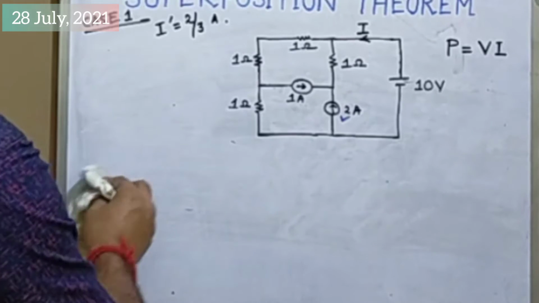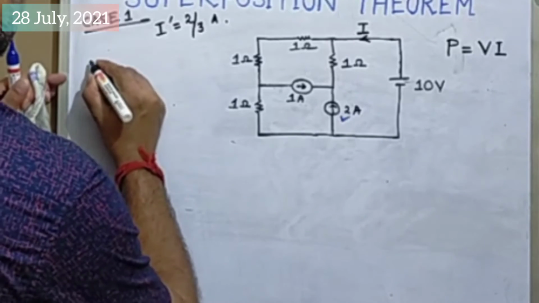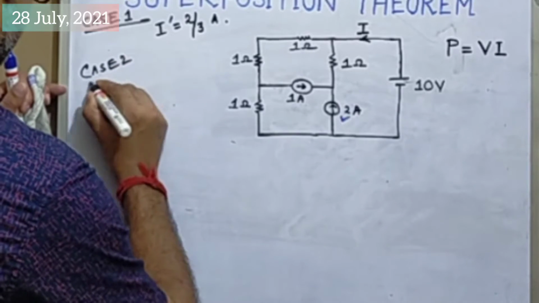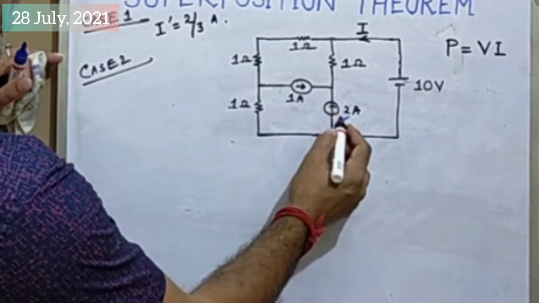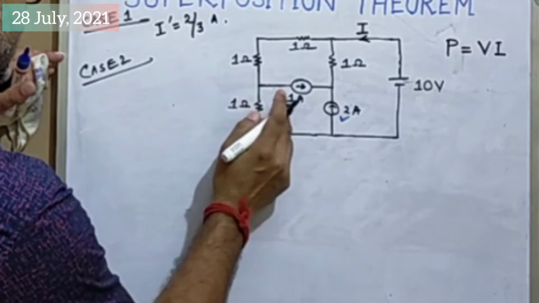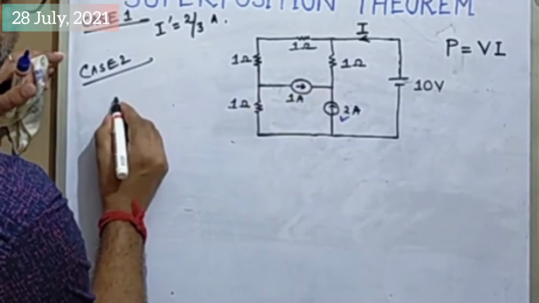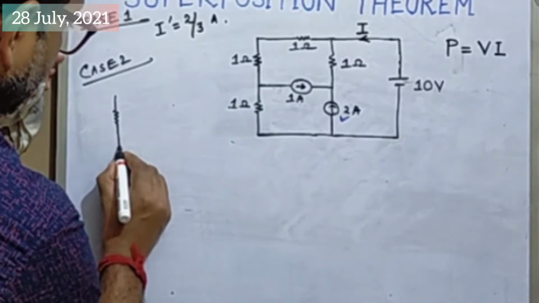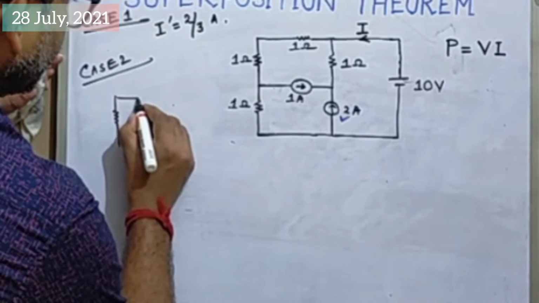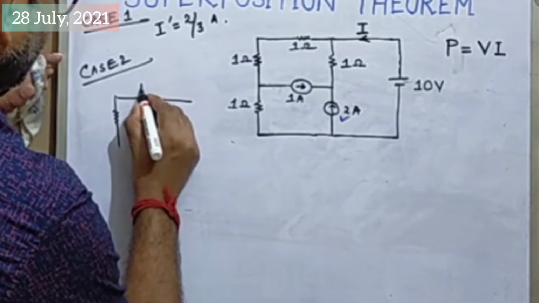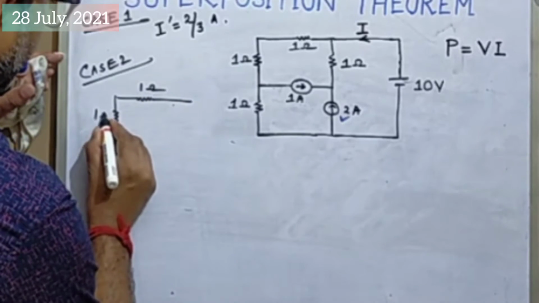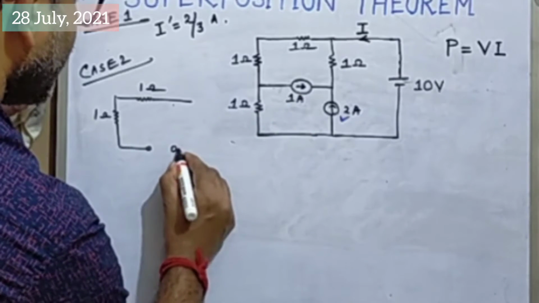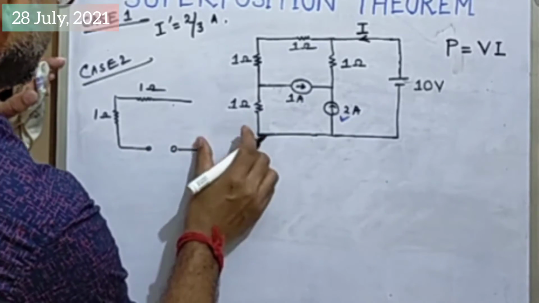Now case 2. In that case we will consider the 2 ampere source. So obviously the other sources will be eliminated from the circuit or replaced accordingly. 1 ohm, there is also 1 ohm. Now this will be replaced by making the branch open.